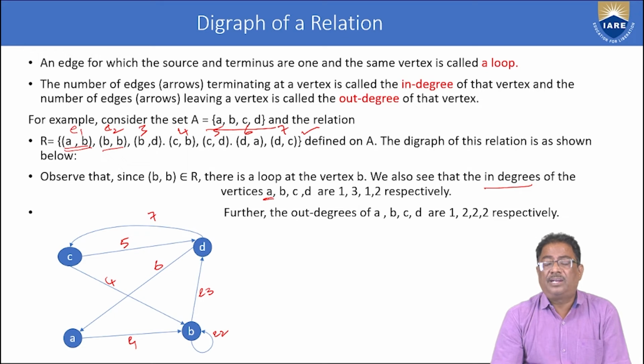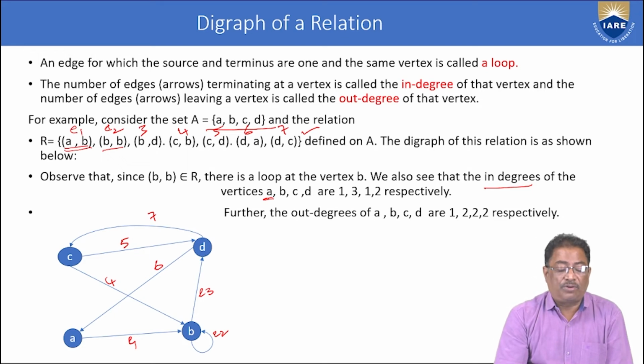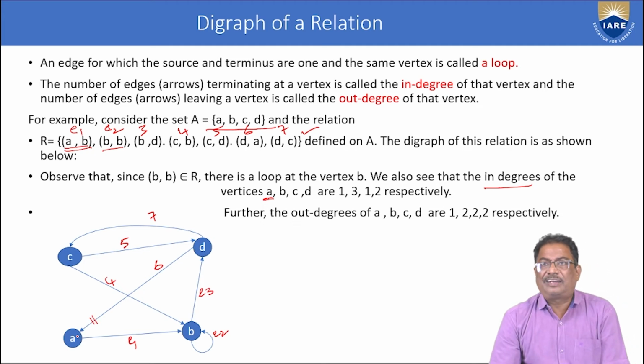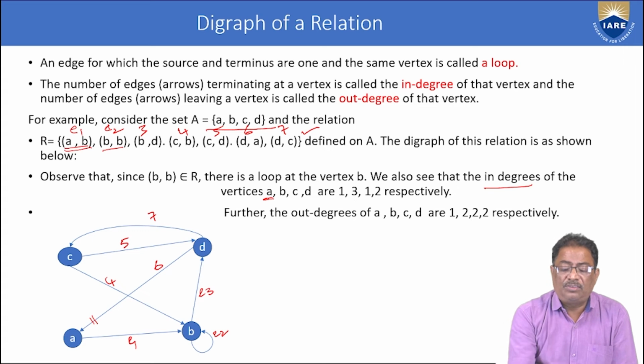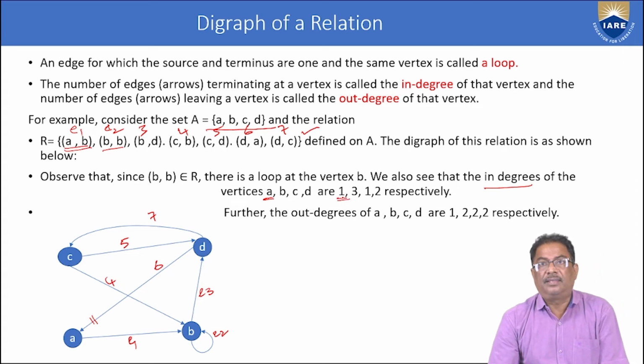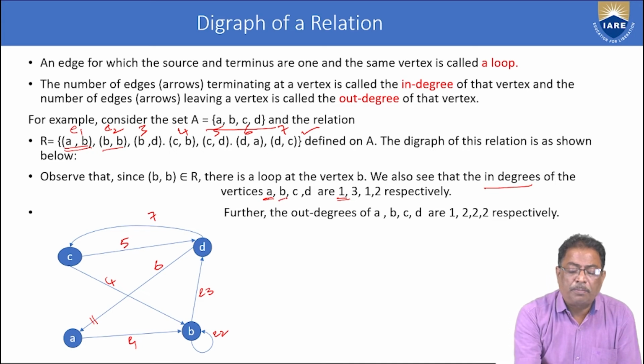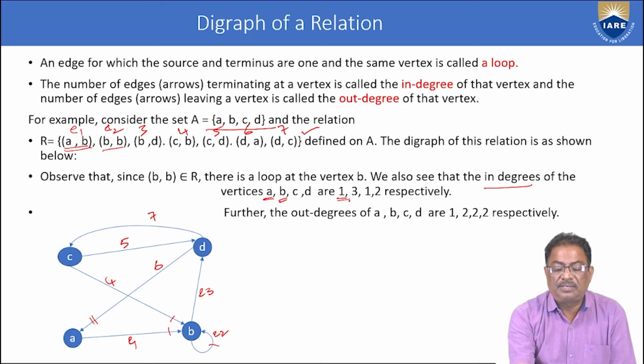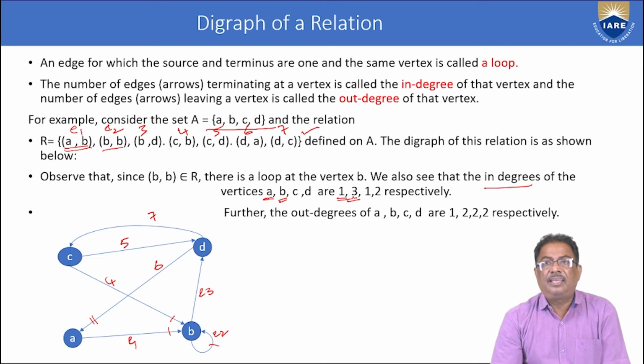So, here E6 is the only edge to vertex A. There is no other, so I am taking it as in degree 1. And if I consider B, this is 1, this is 2, and this is 3. So, the in degree of the vertex B is 3.